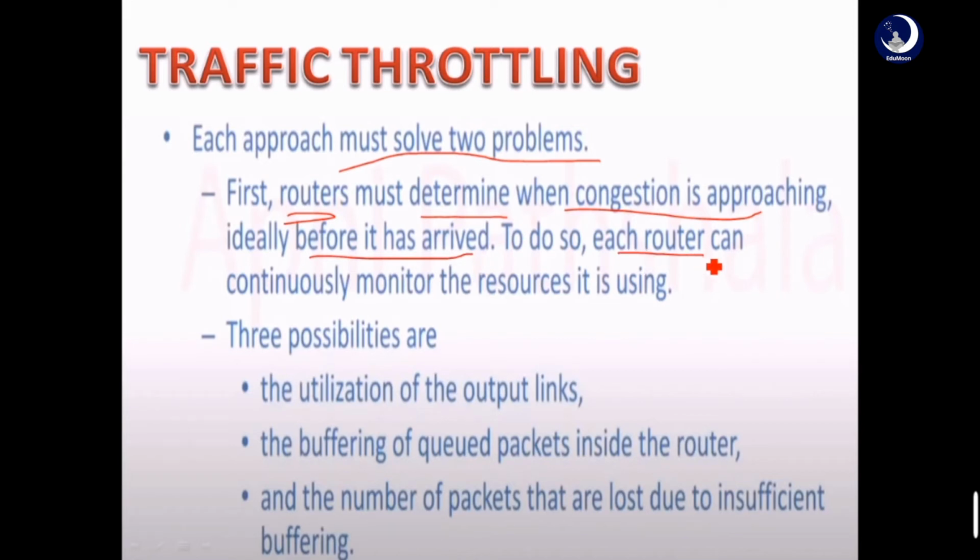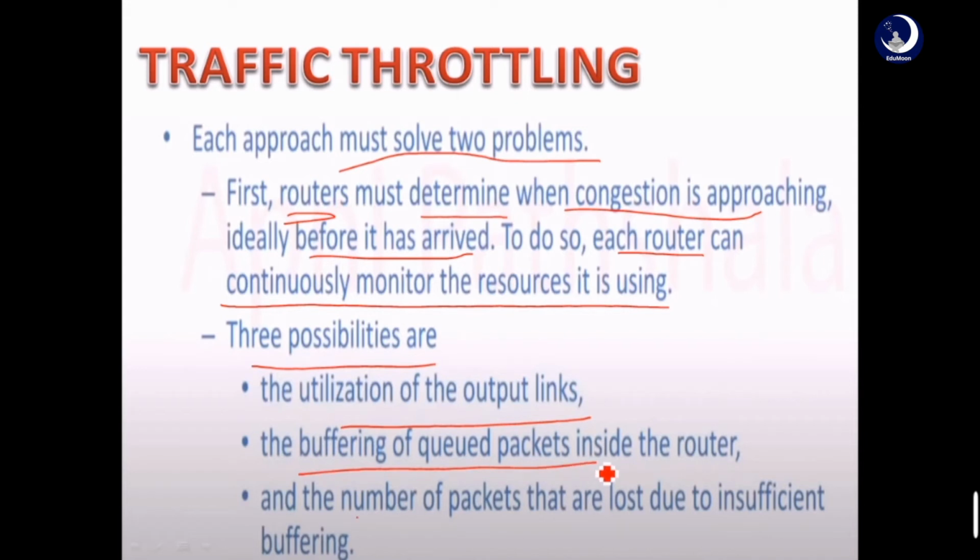For this, each router has to continuously monitor the path. The three possibilities are utilization of the output links, buffering of queued packets, and the number of packets lost due to insufficient buffering.